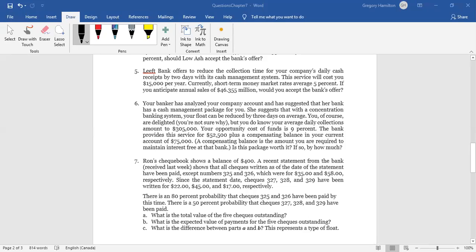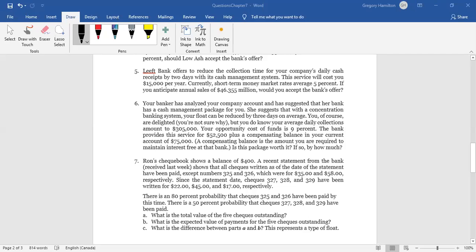She suggests that with a concentration banking system, your float can be reduced by 3 days on average. You know your average daily collection amount to be 305,000. The opportunity cost of funds is 9%. The bank provides this service for 52,500 plus a compensating balance of 75,000.